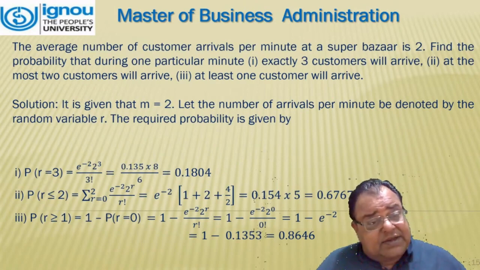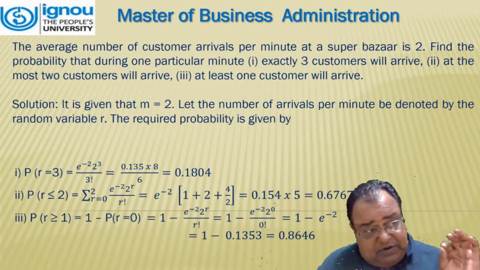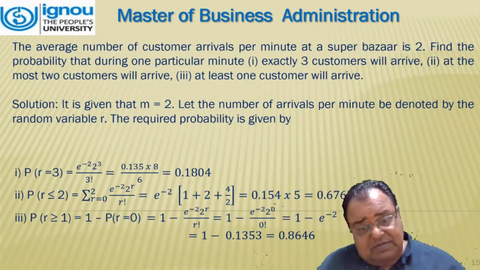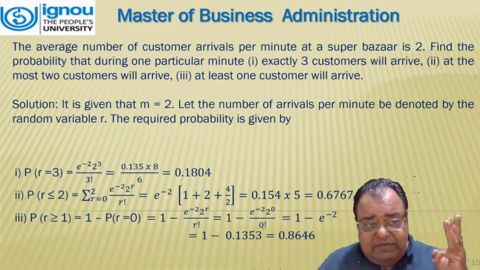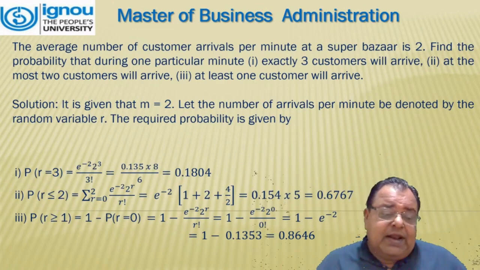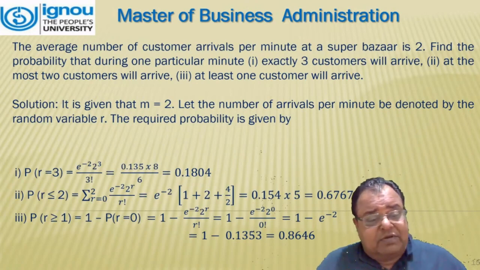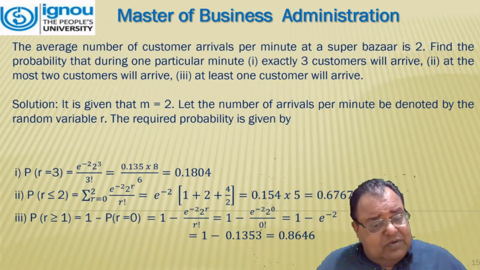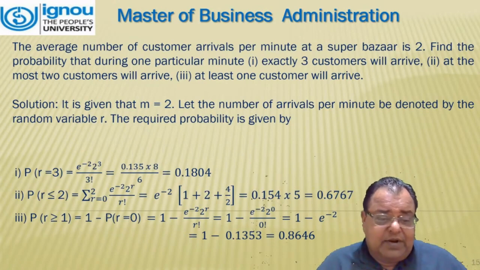The second case is at most 2 customers will arrive. That means maximum 2: no customer, 1 customer, or 2 customers. That means we will be having 3 cases. Mathematically, we can write it as the summation of r equal to 0 to 2 of e raised to the power minus 2 times 2 raised to the power r upon r factorial.